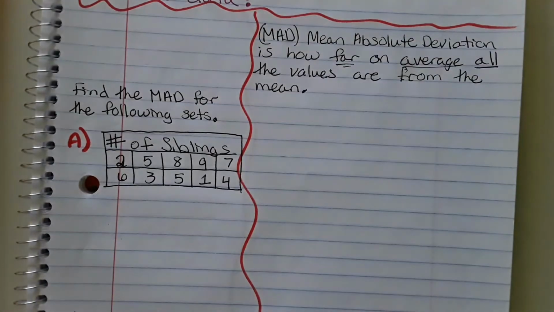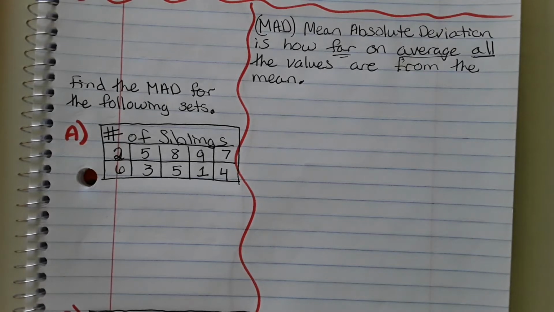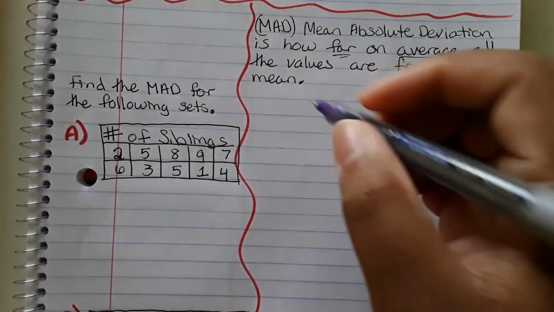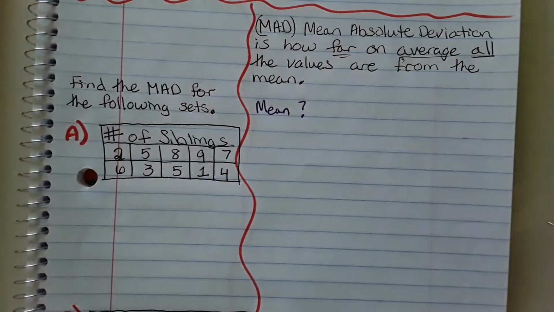All right, set 1 is a description of the number of siblings in different sets of families. We know siblings would be brothers or sisters. The first step when we're finding MAD would be to actually find the mean. We need to know what the mean is, so that's what we're going to do first.